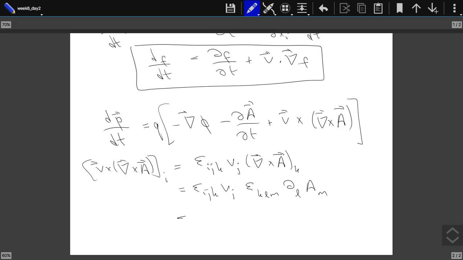I have the product of two Levi-Civita tensors, and that gives me Kronecker delta il, Kronecker delta jm, minus Kronecker delta im, Kronecker delta jl. I also have vj over there.